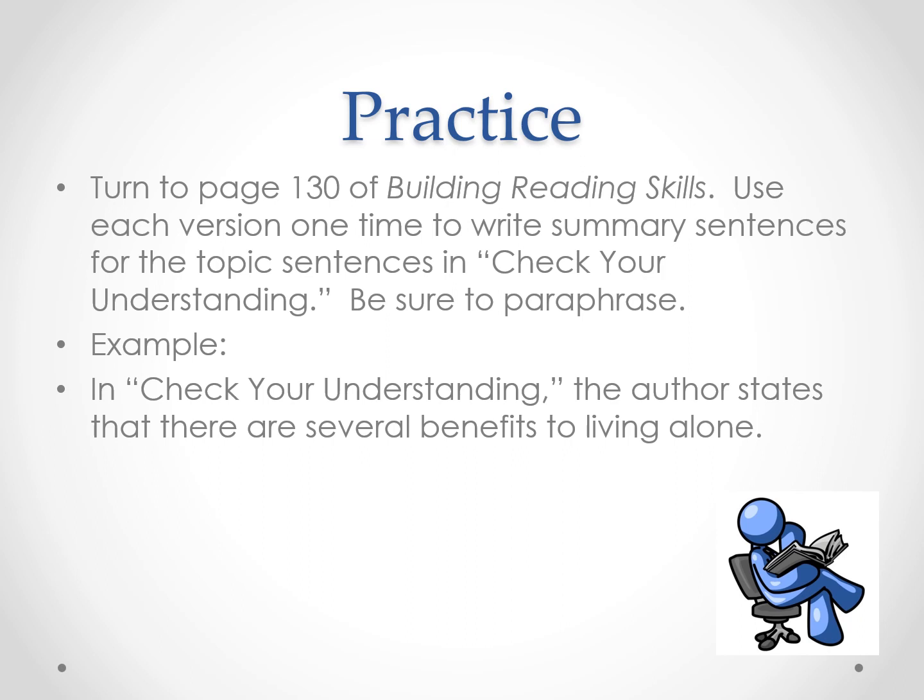So: In "Check Your Understanding," the author states that there are several benefits to living alone. You'll notice here that I'm using the same topic as that topic sentence, but I've changed the rest of the sentence, so it's my own ideas. So we want to make sure that when we're paraphrasing, we're not just copying the entire sentence, but that we're making it substantially different. Even if we're using some of the same words, we're not using them in the exact same order. All right, so good luck with that.